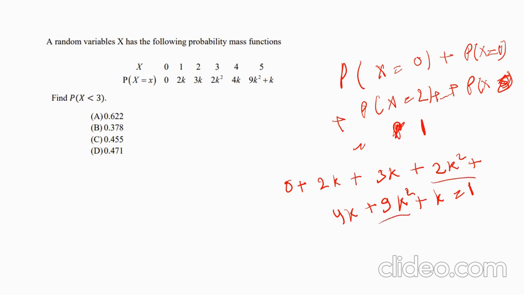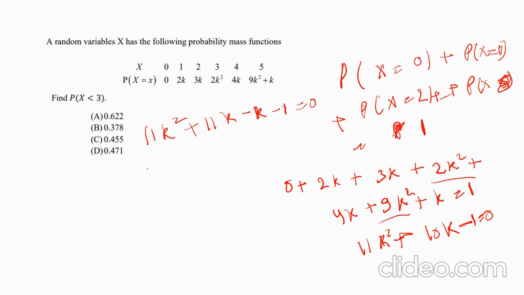So what we have is k square is 11k square, and then for k terms we have 2, 3, 5, 5, 4, 9, 9 plus 1. So we have 10k minus 1. So it will be 11k square plus 11k minus k, plus 1 minus this one.